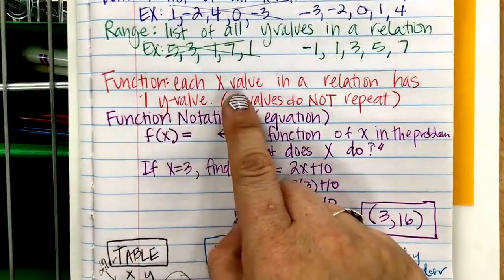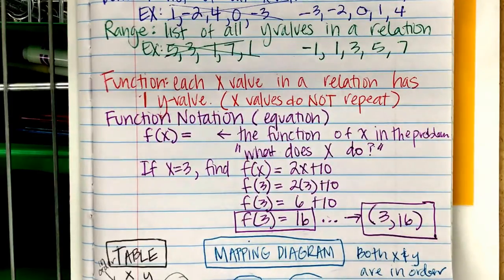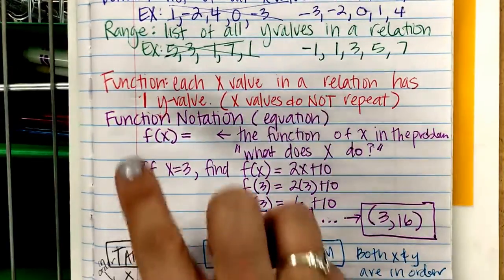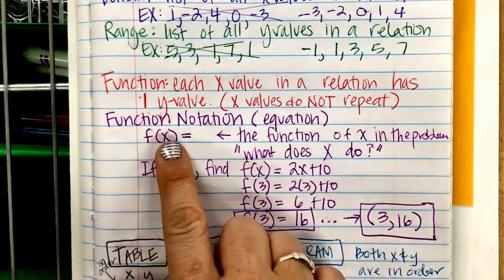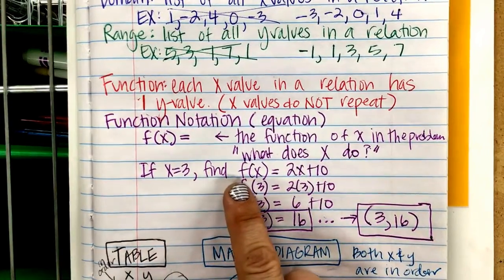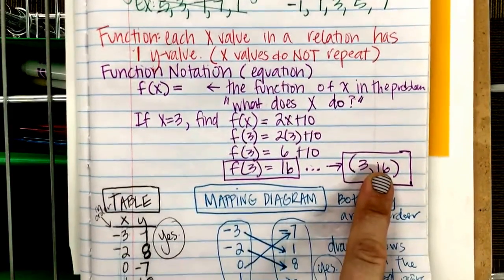A function is when each x value has its own y value, and that means the x values do not repeat. So each x value is different. If it's function notation, it's going to say f of x, and then you're going to do some substituting. So if x equals 3, find the function of x, substitute, get an answer.